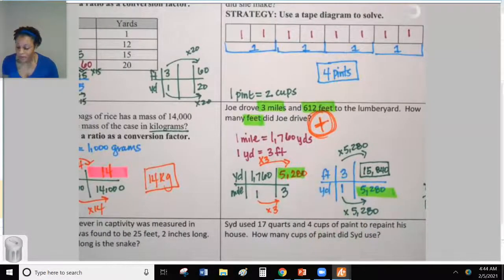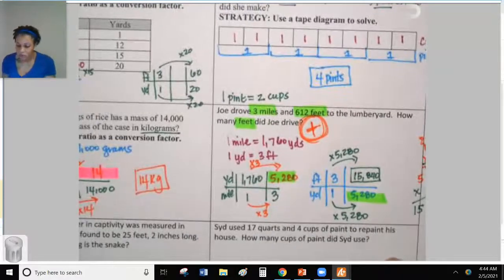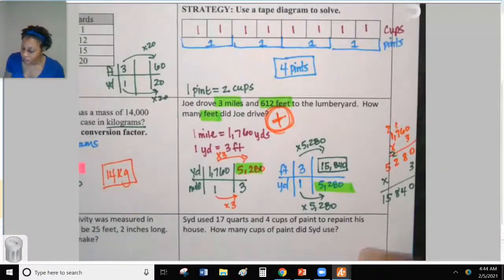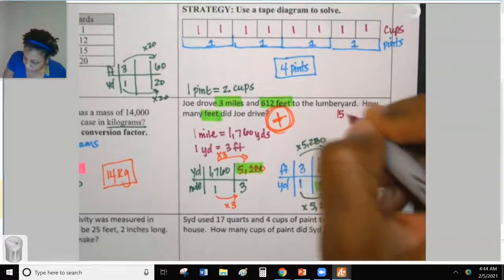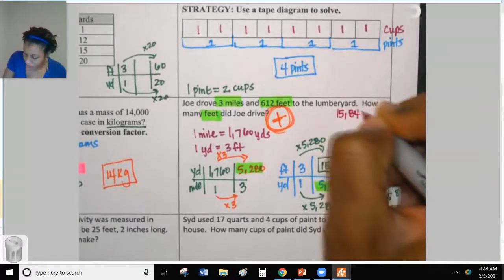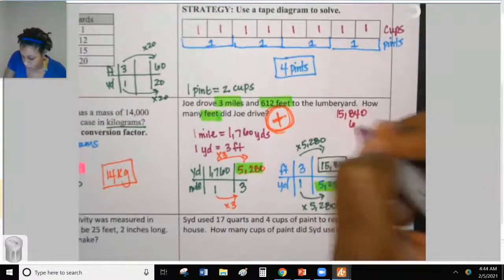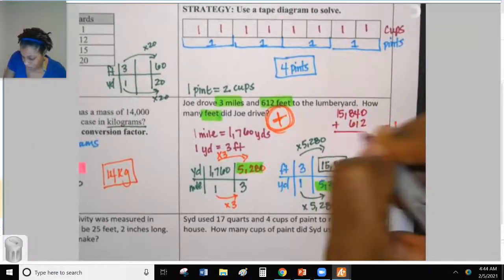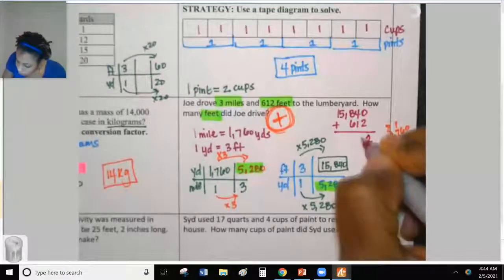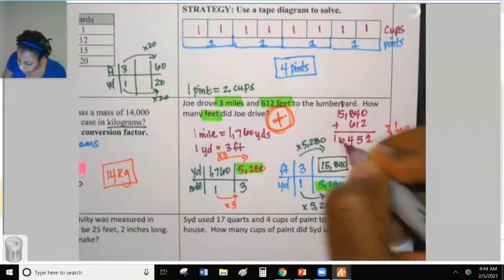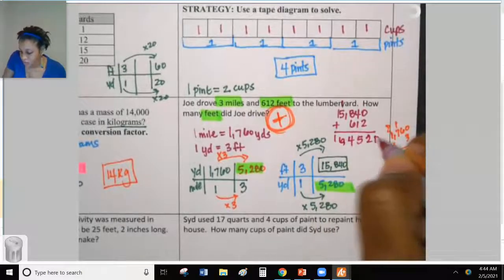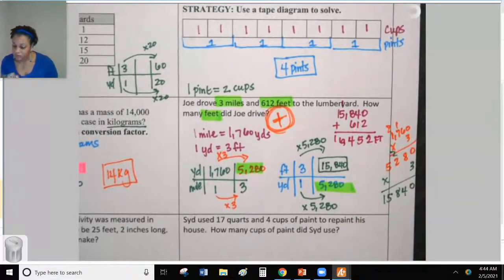I have to go back and add in the 612. So then I would add 15,840, and then I would add the 612 to it to get the final answer. So your final answer would be 16,452 feet is how many feet Joe drove.